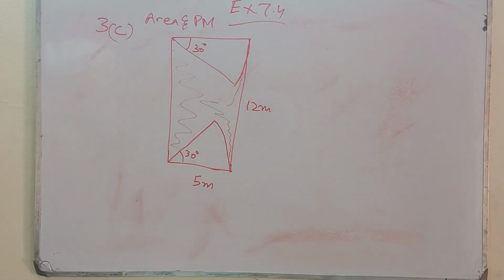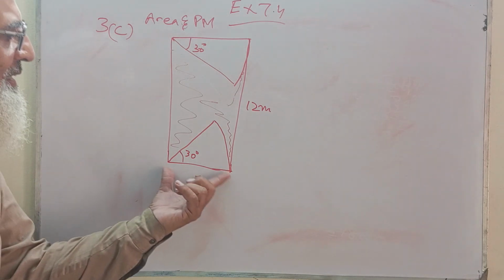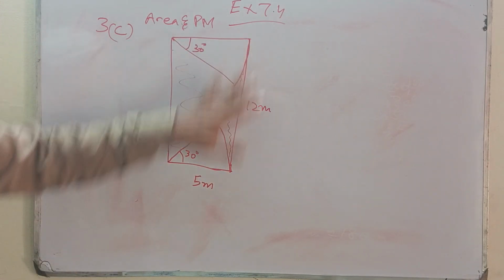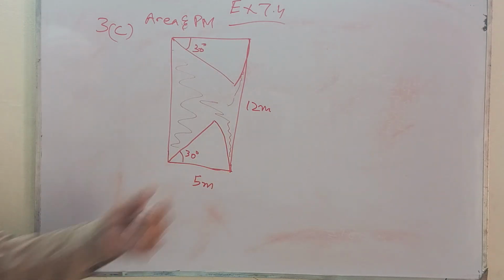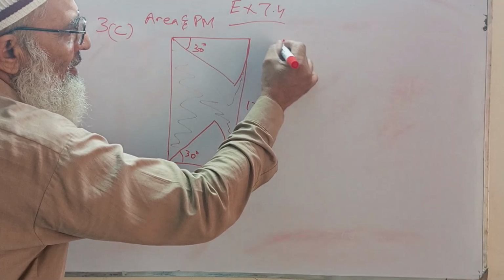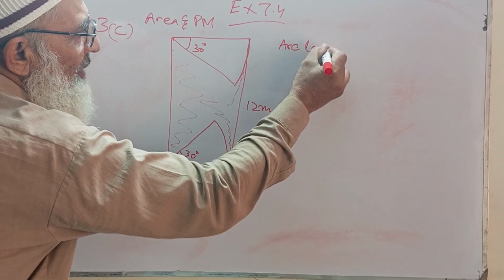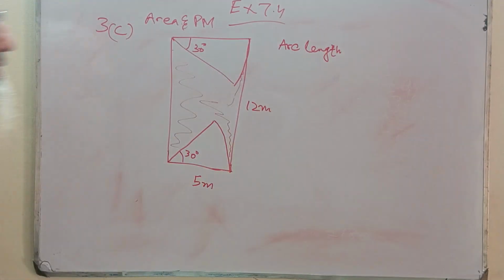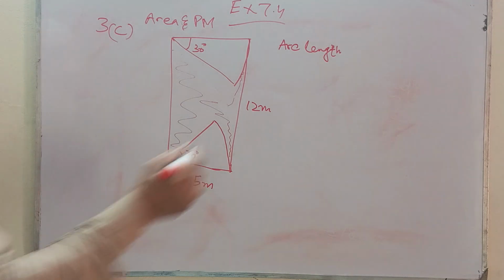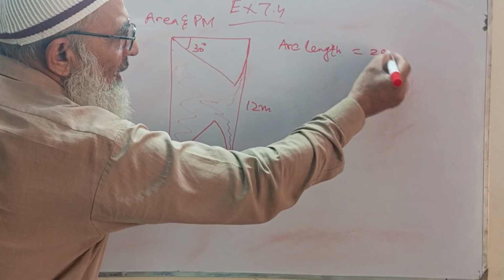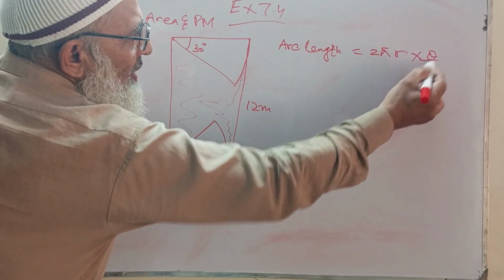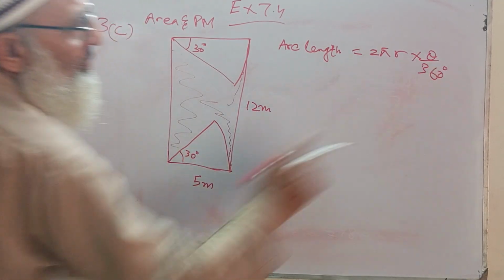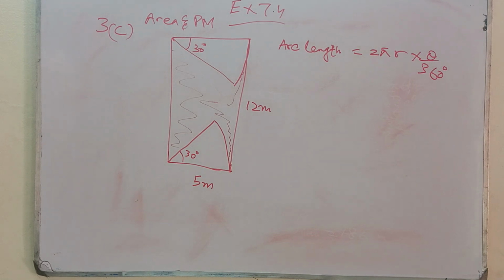Understand? From my lecture you must have understood that this is the radius, which is given in the rectangular form. We have to find the arc length first. Arc length is 2 pi r multiplied by theta upon 360.